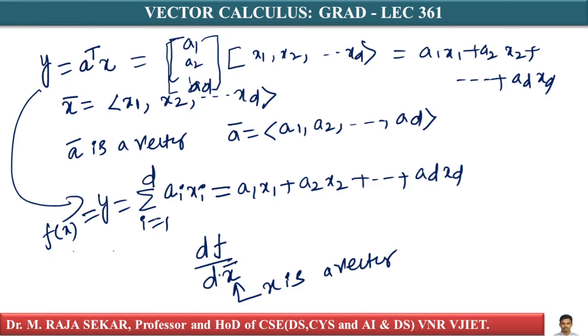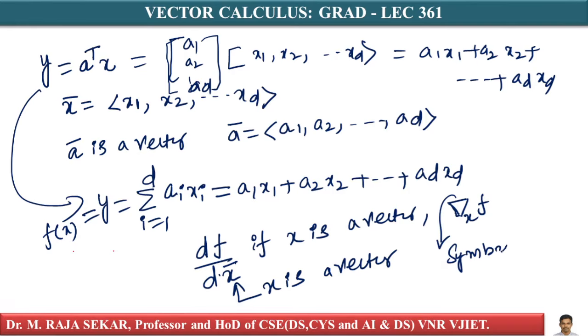For that, there is a special terminology. So, df by dx, if x is a vector, is often written as del of f with respect to x. This symbol, this del, is known as grad, or it is often called del.